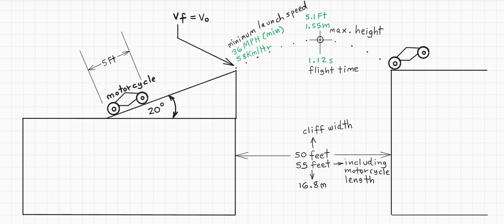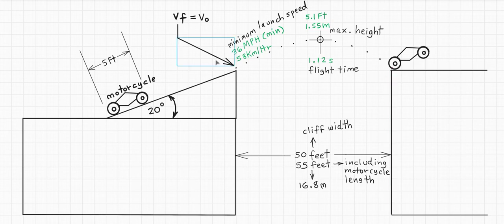So more or less, if the motorcycle has reached a speed of 40 miles per hour right when the tail wheel is leaving the ramp, the tail wheel will displace and then land at the other side of the platform, just exactly at the distance of the 5 feet going down here.